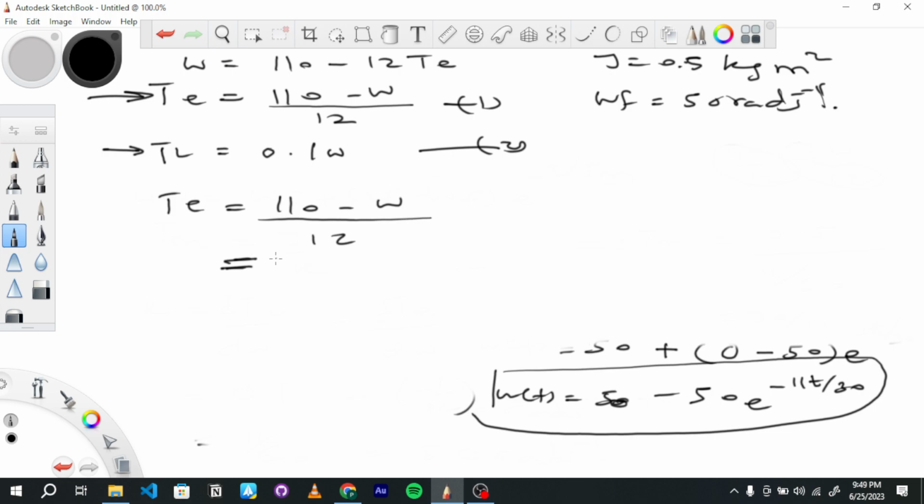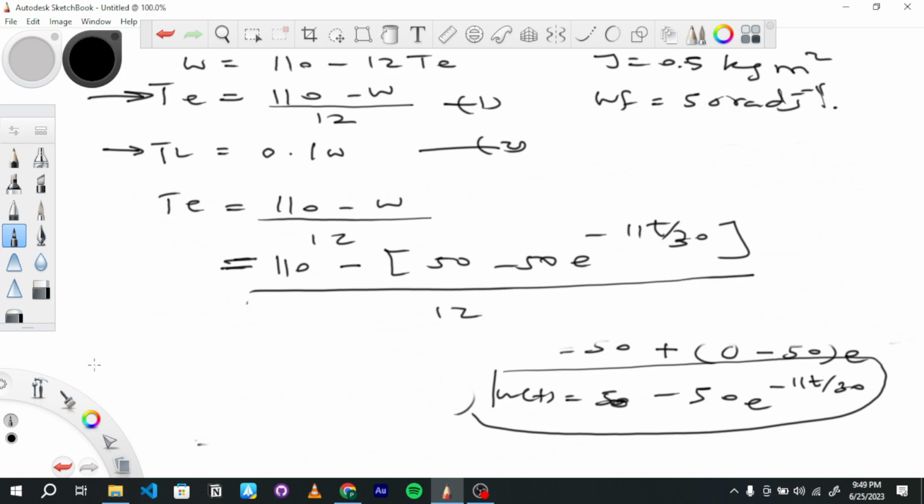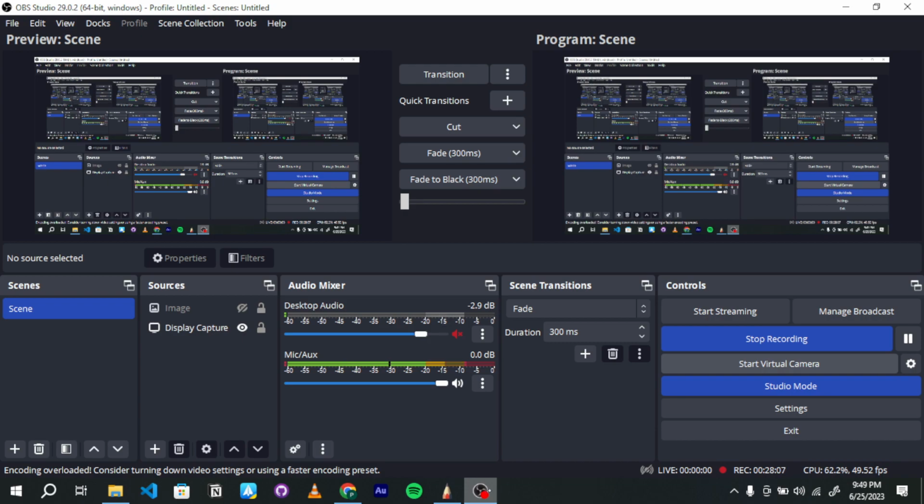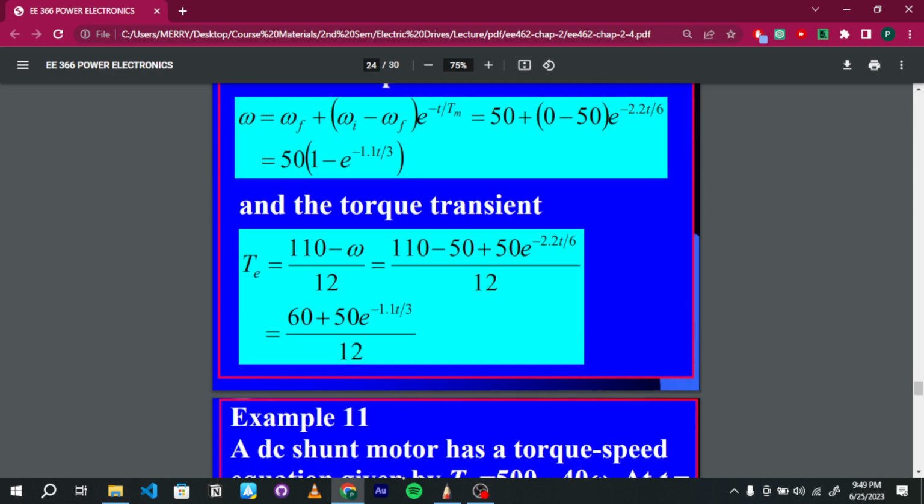So this will give me 110 minus 50 minus 50 e to the minus 11t over 30, all over 12. So this will give me 110 minus 50, that's 60, plus 50 e exponent minus 11t over 30, all over 12. So that'll give us the torque transient. That's it for that question.